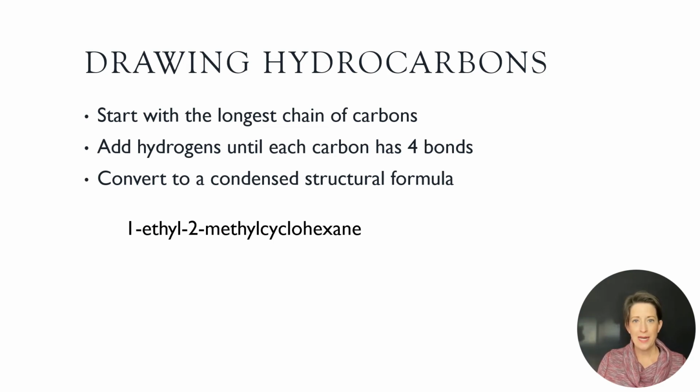Last one, breaking down the name so we know how many carbons are in the parent, the bonding between the carbons, so that's the suffix, and any potential substituents. So I see we have a 1-ethyl, 2-methyl cyclohexane.